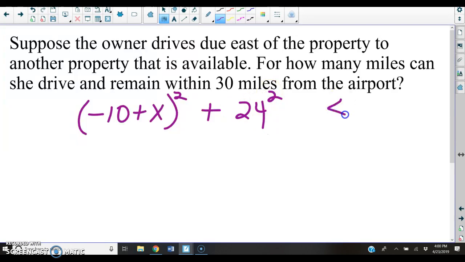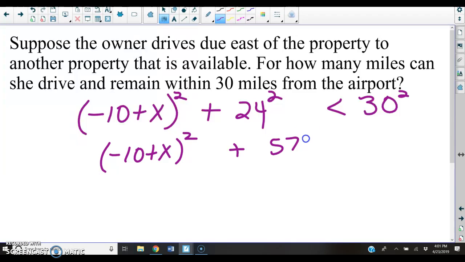And we still want to be less than 30 squared, right? So we could try this. Negative 10 plus x squared plus 576 has to be less than 900.